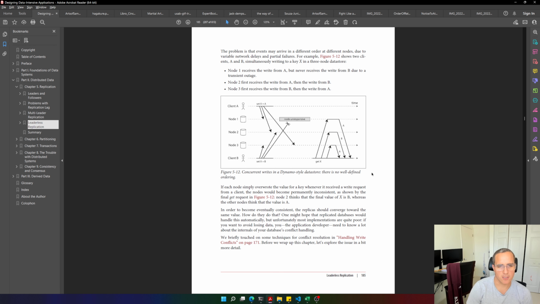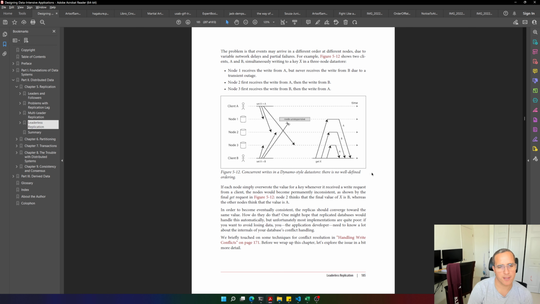Node 2 thinks that the final value of X is B, whereas the other nodes think that the value is A. In order to become eventually consistent, the replicas should converge toward the same value. How do they do that?